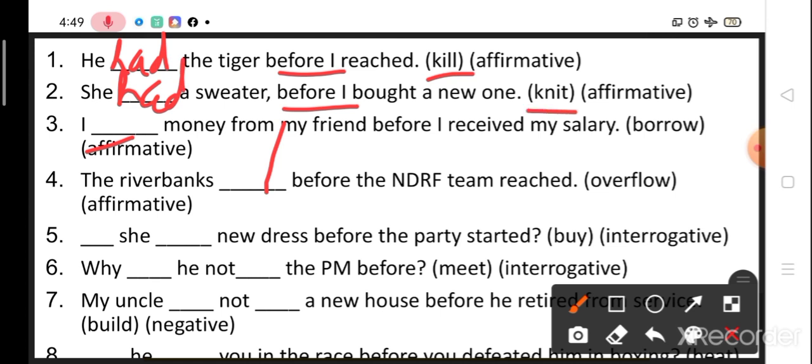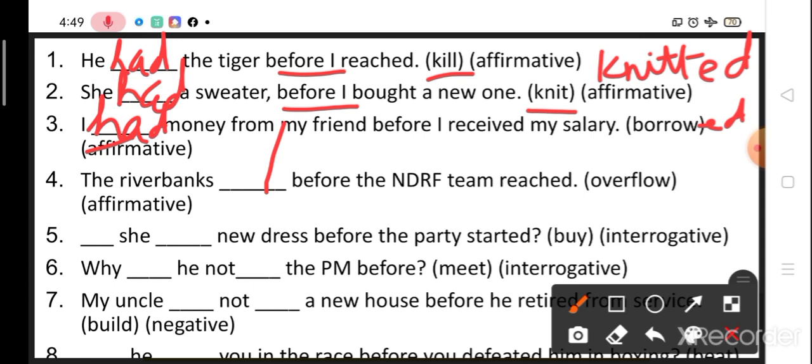She had knitted a sweater before I bought a new one. I had borrowed money from my friend before I received my salary.